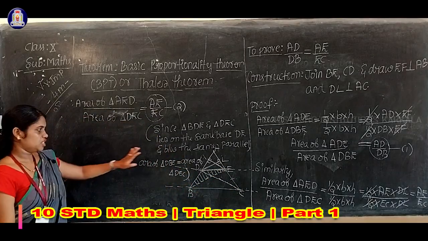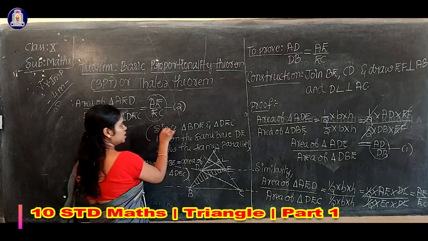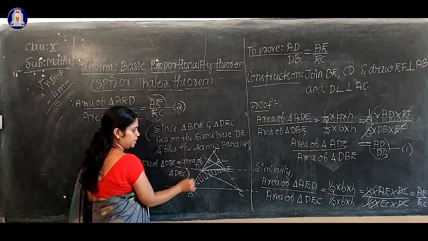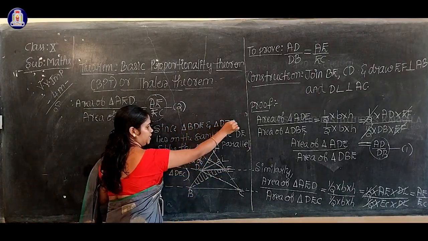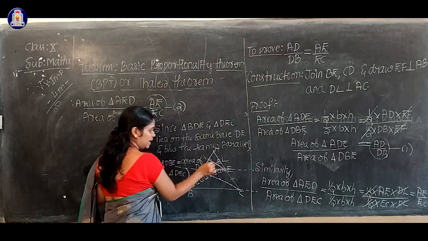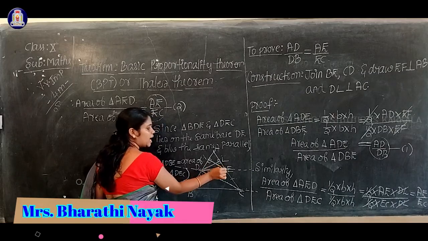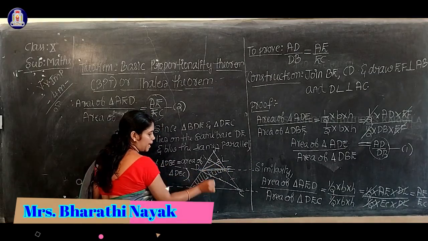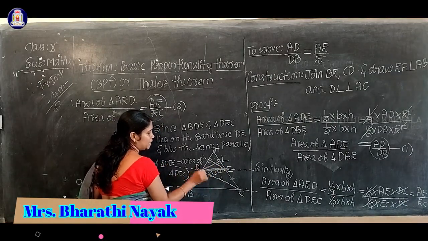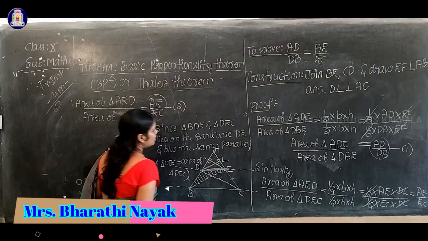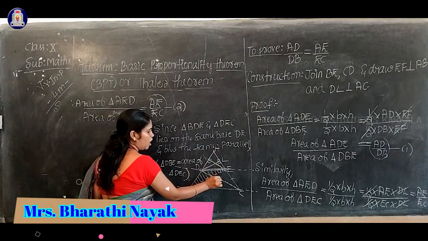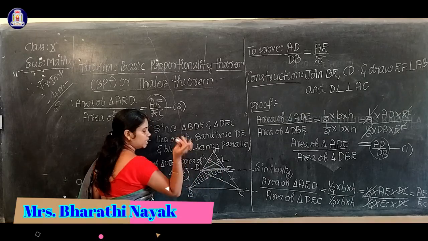Just remember this: since triangle BDE and triangle DEC lie on the same base DE, and between the same parallel, these are the two parallel here, DE and BC, we can say that the areas of these two triangles are equal.